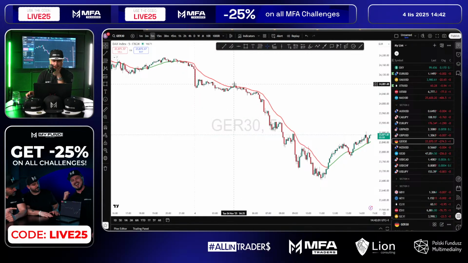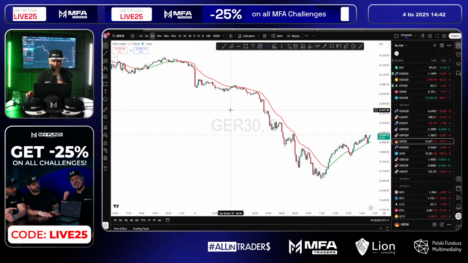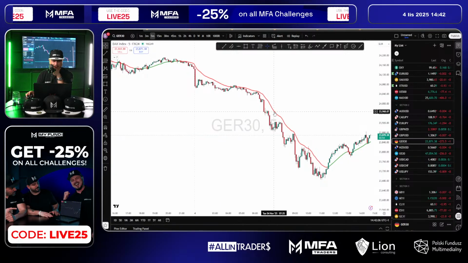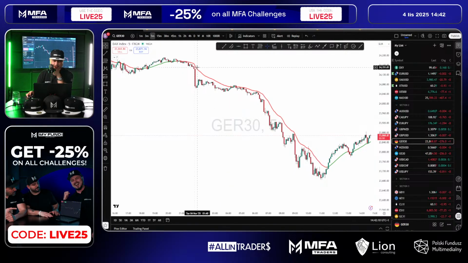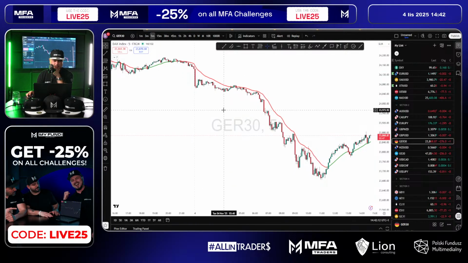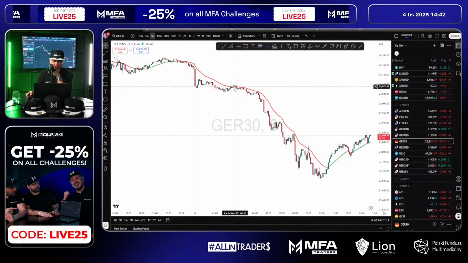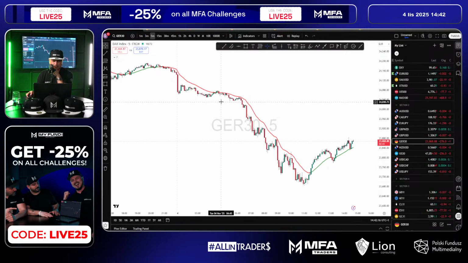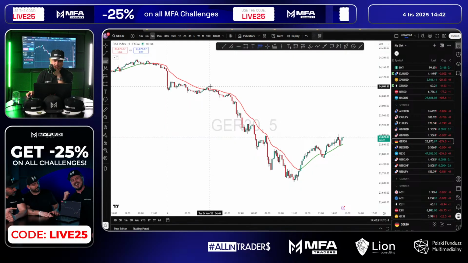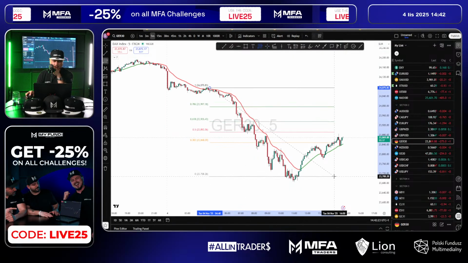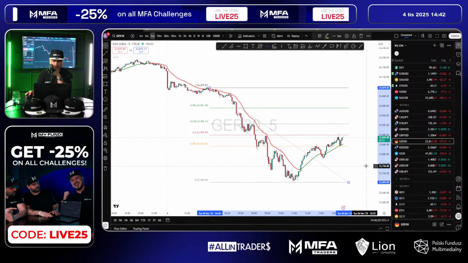Maybe from here, because we need to see impulse which started above exponential moving average. And in the morning, we didn't have a situation like this, only over here, but that was just for a few minutes, okay? So we can try to catch this move over here.